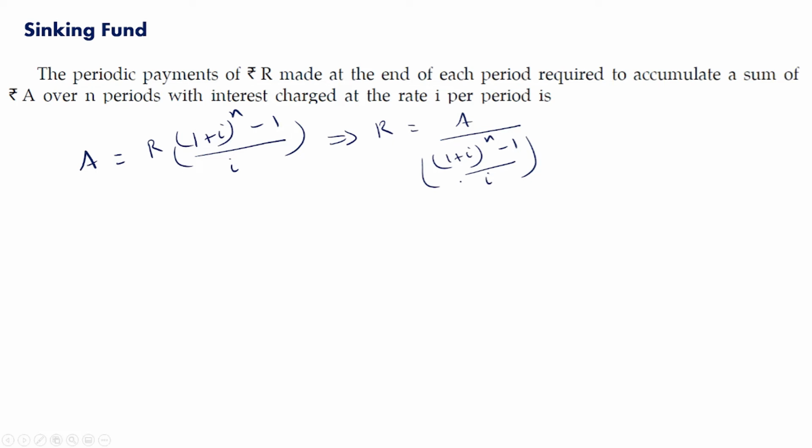Now this factor, (1 plus i) the whole raised to n minus 1 by i, is nothing but the future value annuity factor. So we can write this as S n i, that is the future value annuity factor for n number of periods and i rate per period.